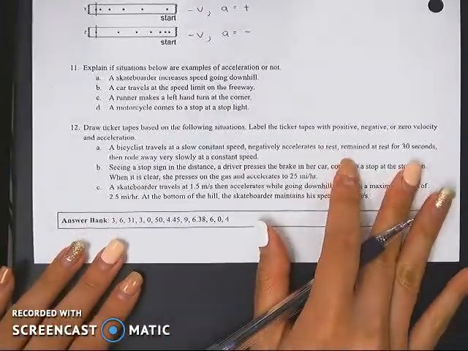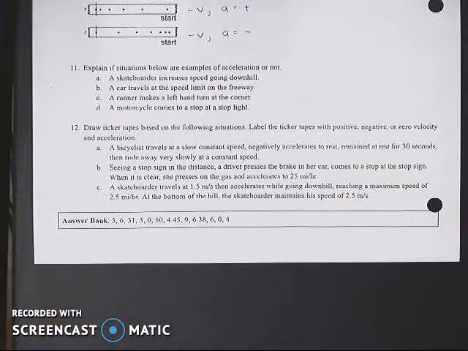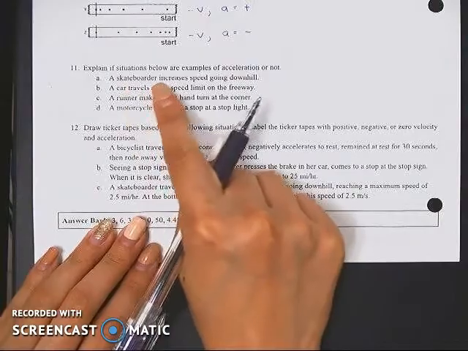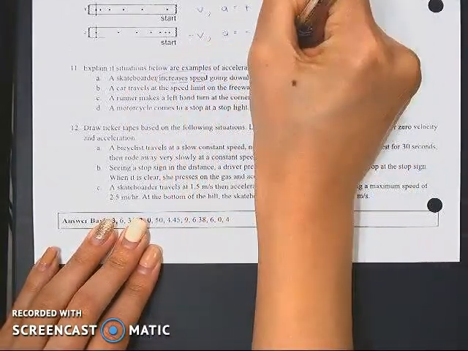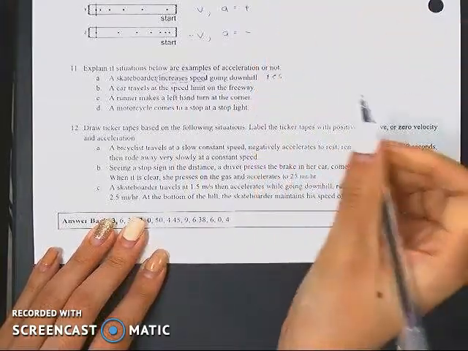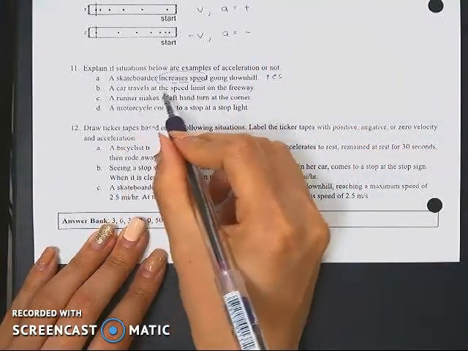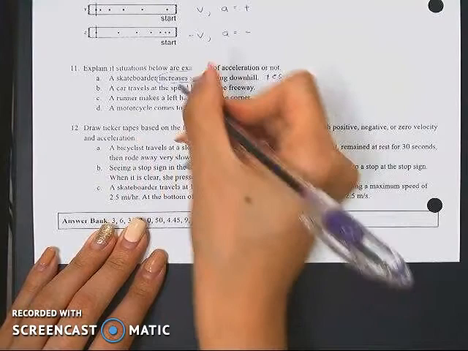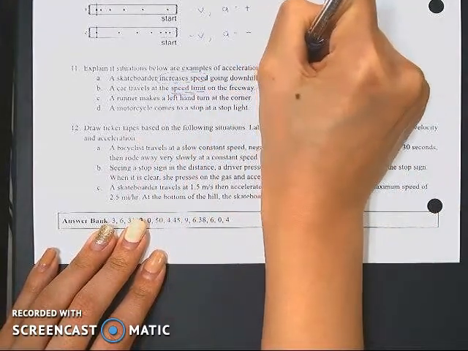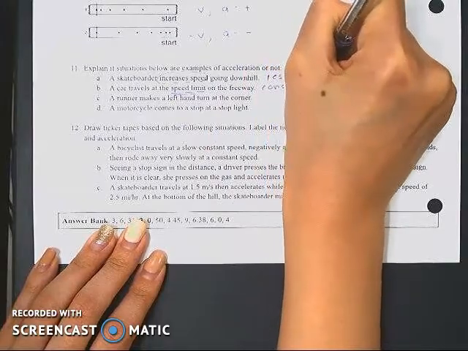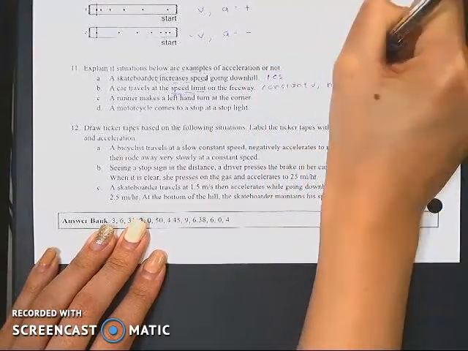All right, number 11. Explain if the situations below are examples of acceleration or not. Part A, a skateboarder increases speed going downhill. There's an increase in the speed, so yes, that is an example of acceleration. Part B, a car travels at the same speed limit on the freeway. If you're at the speed limit, you're at a constant velocity, so there's no acceleration.